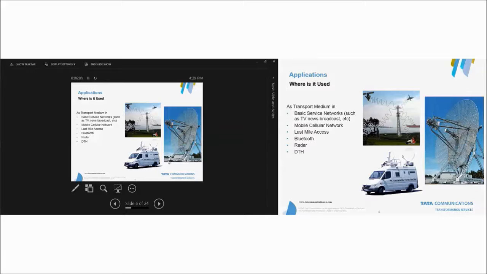And the next point is radar. Hope everyone is aware how radar is very useful in air traffic and the army. And the last application will be DTH, direct to home, what we are using in our homes and fitted in our cafeteria, Tata Sky. There are so many examples.